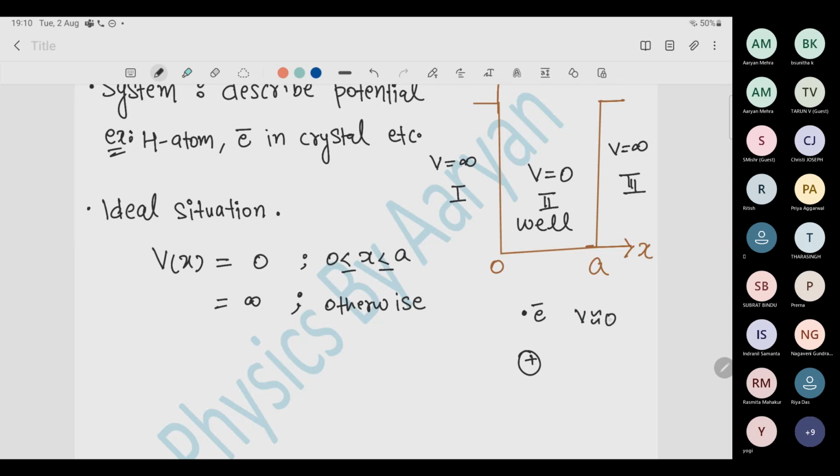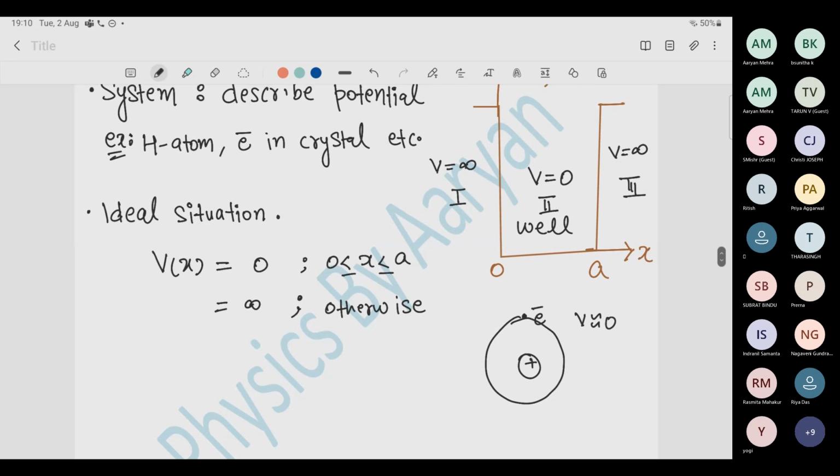But it cannot leave this atom unless an external force is applied. In order to go outside, it needs a huge amount of energy, which we can consider as infinite energy. It is not at all a practical situation, because we do not need infinite energy to remove the valence electrons.